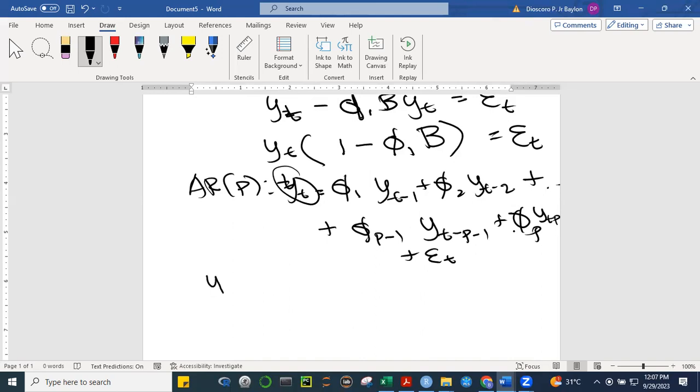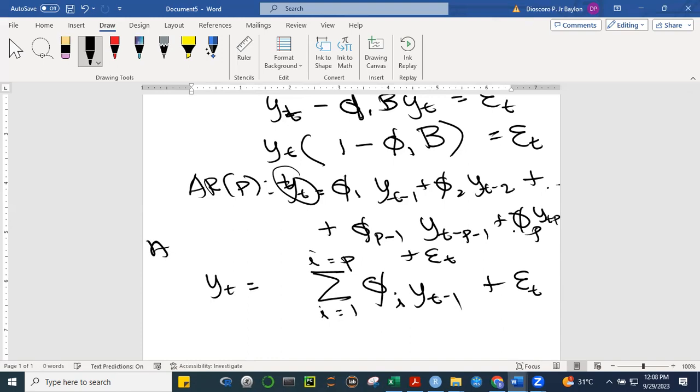Okay, so we can write this as y sub t is equal to the sum. What changes here are the phi and the y sub t. So this is phi sub i, y sub t minus i, where i ranges from 1, where we started, up to i equal to p. And then we add the error term. Okay, so this is your ARP process.